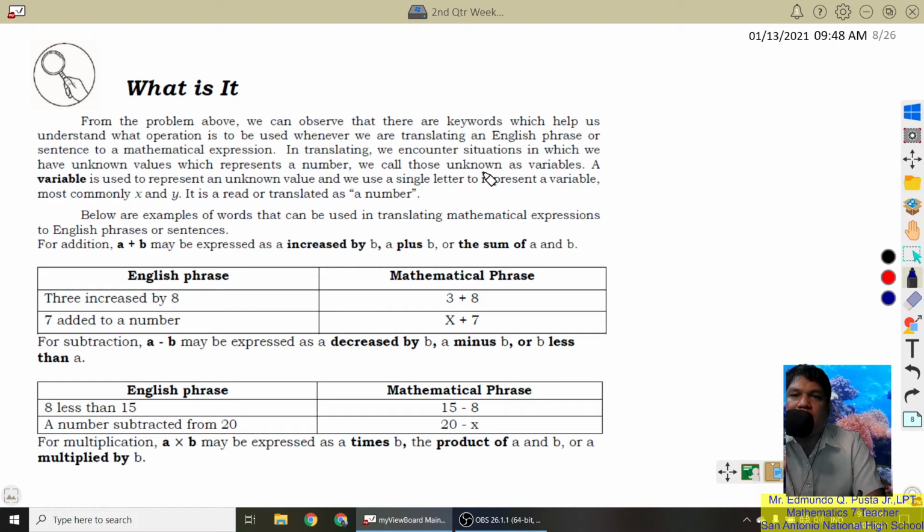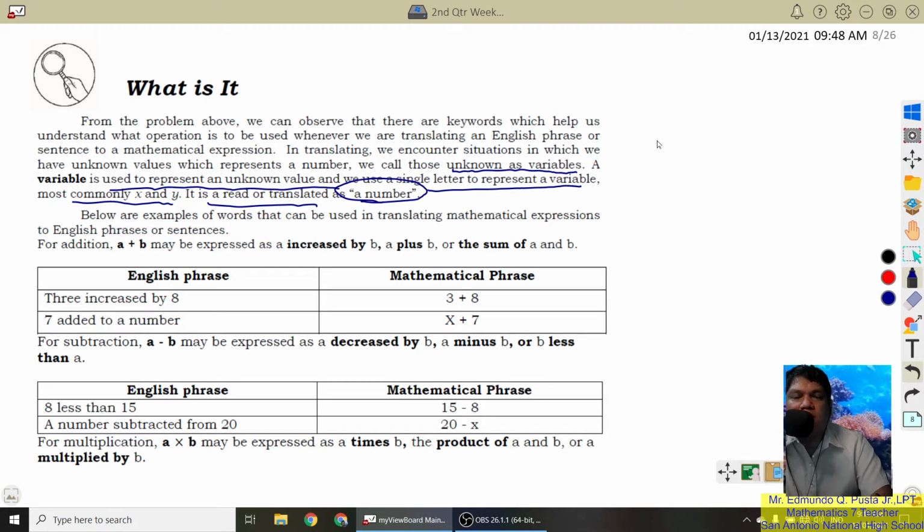We call those unknown values variables. A variable is used to represent an unknown value. We use a single letter to represent a variable, and most commonly we use x and y. This is read as a number.